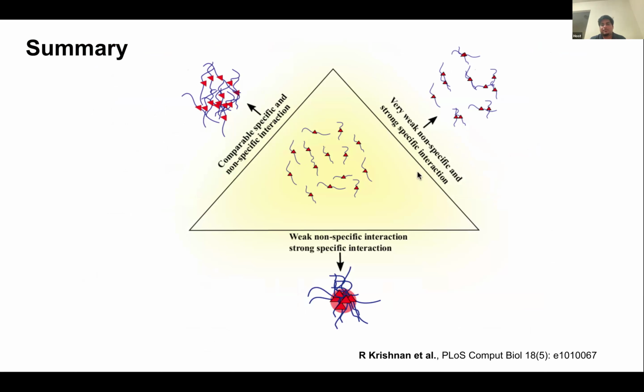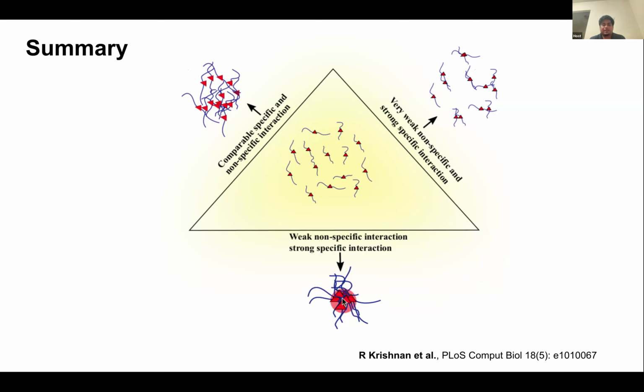When there is a very weak non-specific interaction and a strong specific interaction, the specifically interacting regions, for example the NAC region in alpha-synuclein, randomly come nearby and form dimers. For an ideal weak non-specific interaction and a strong specific interaction, we see a mature state where specifically interacting NAC regions come together and form a beta sheet kind of structure.